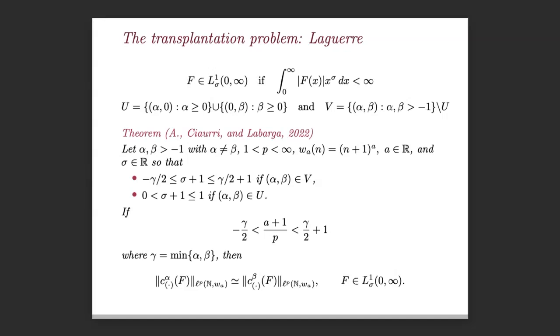The set U consists of the axes and the set V is the whole plane minus U. So with this definition, let alpha and beta be different and bigger than -1, p between 1 and infinity, and a power weight with exponent a, and sigma so that it fulfills this condition depending on the belonging of the orders to the regions V or U. If this condition holds, where gamma is again the minimum of the orders, then the power-weighted norms of the Laguerre coefficients of different orders are equivalent for functions in this weighted space.